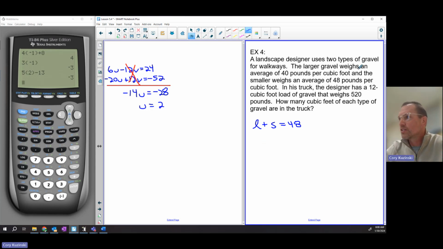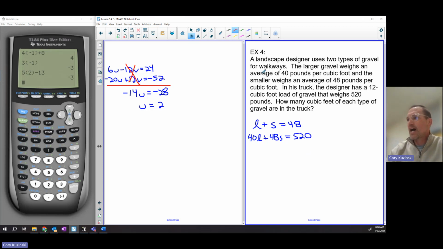The large weighs 40 pounds per cubic foot, and the small weighs 48 pounds per cubic foot. That might seem weird, but if it's smaller, like it fits in a more compact area, it's going to weigh more. It's going to be more dense. And together, that's 520 pounds. There we go. So there's our linear system.